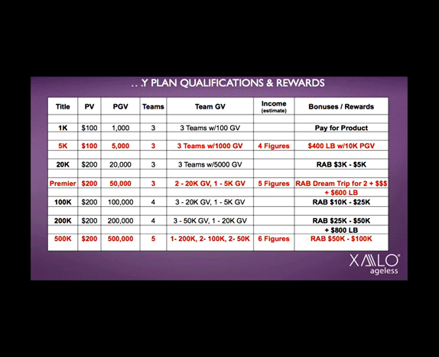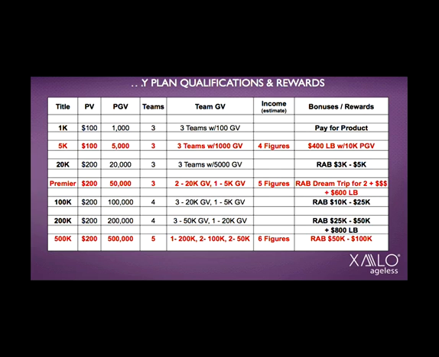The 200K position, 200,000 in volume. You're building 4 teams. 3 of them have got 50,000 in volume. 1 of them has 20,000 in volume. And now your rank advancement bonus goes up to $25,000. And if you hit that within 3 years, $50,000.